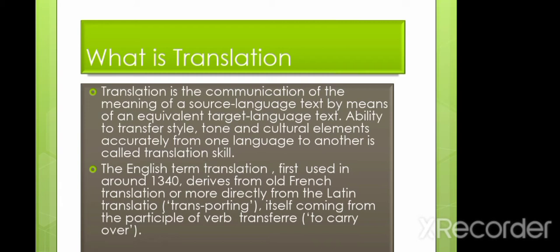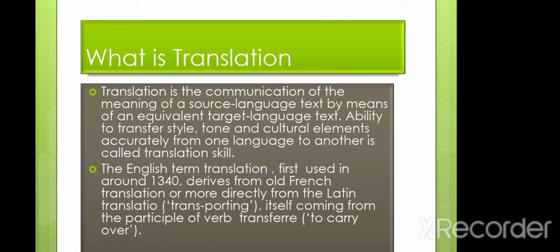The source language is the one to be translated and is given first, and the target language is the one into which we convert our source text, or we may say original text. But it's compulsory that our meaning remains the same, equivalent in our target language.